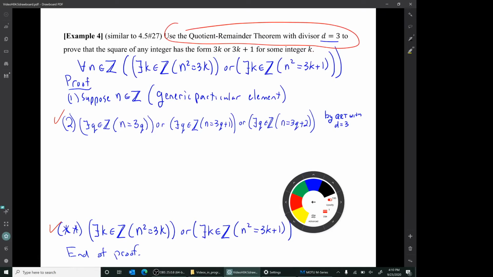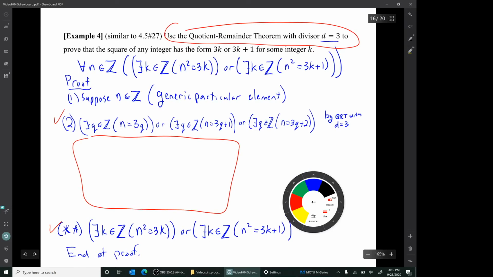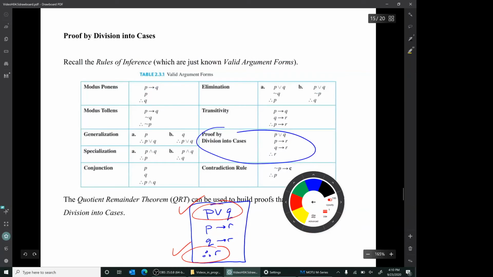So what we need here is to provide the middle stuff, the if-then statements that are the other parts of the hypothesis for the proof by division into cases. In other words, we have to prove that if P is true, then R is true. And if Q is true, then R is true.